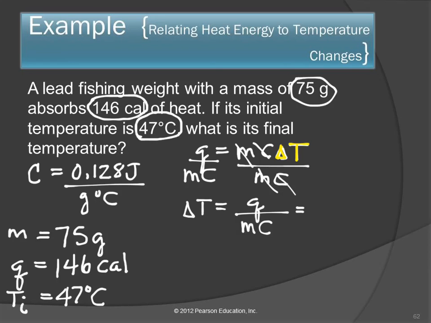So let's plug things in here. We've got Q is 146 calories. M is 75 grams. And C is 0.128 joules per gram degrees Celsius.